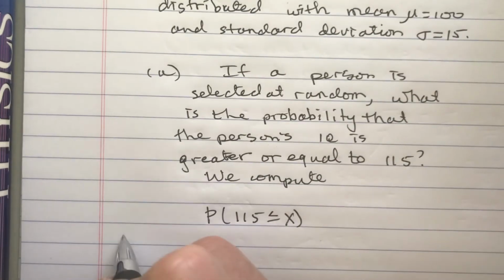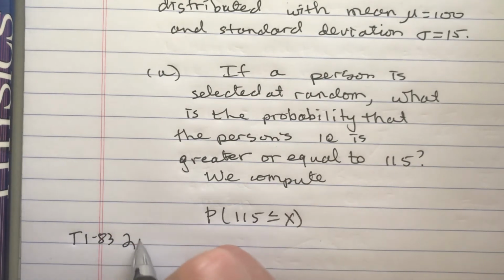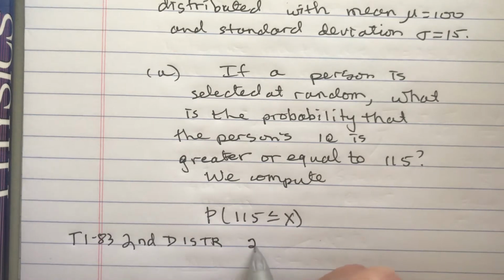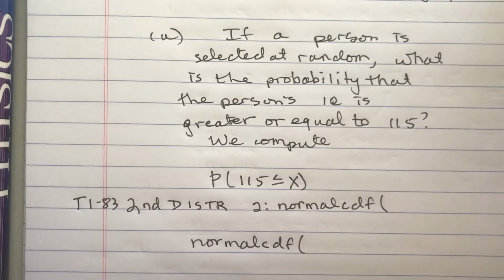So what we're going to do is use the TI-83 calculator, and we're going to do second distribution to normal CDF. I'll draw the picture here, but I'm sort of going too fast maybe.